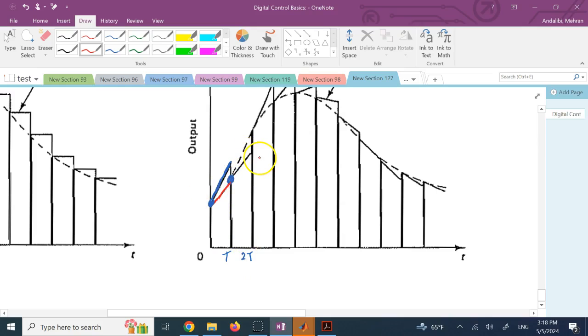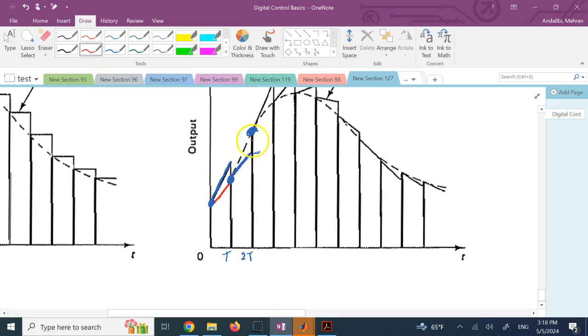So when you want to go from t to 2t, use the slope from the first part. By using these two previous data points, the current one and the previous one, you go by this line. You see this line is the continuing of this line. Then when the third sample comes in, it's not coming here, it actually comes there.